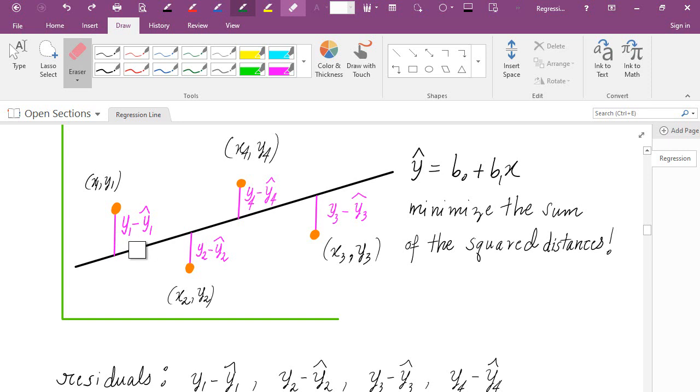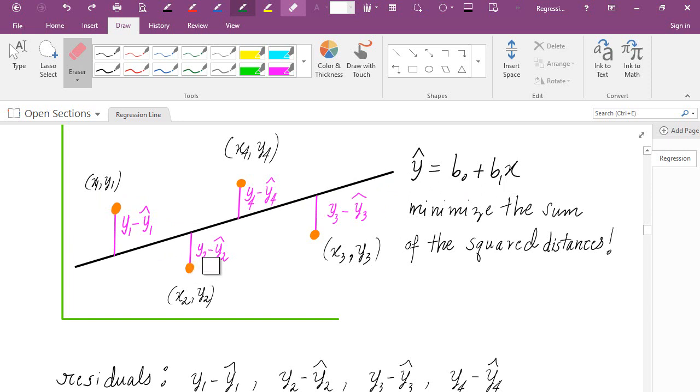Once again, here y1 is the height of the data point from the horizontal axis, and y1 hat is the height of the fitted line from the horizontal axis. So y1 is the value of the response variable corresponding to the explanatory variable x1, and y1 hat is the predicted value of y found from the equation of the fitted line by plugging in x1.